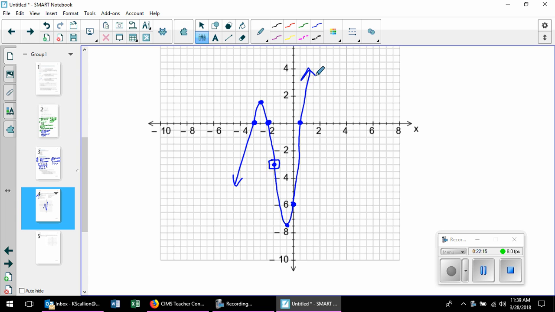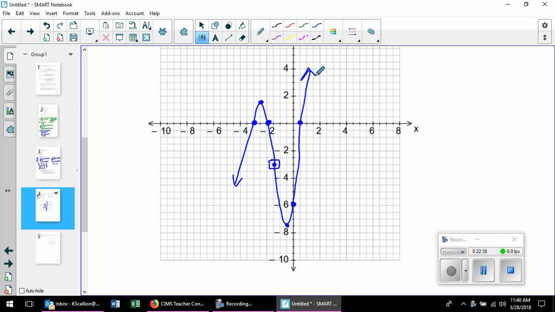So the difference between grade 12 pre-cal and calculus is now we know the height of our maximums and the depths of our minimums. That's not too bad. Does it satisfy a range and domain? Yes.